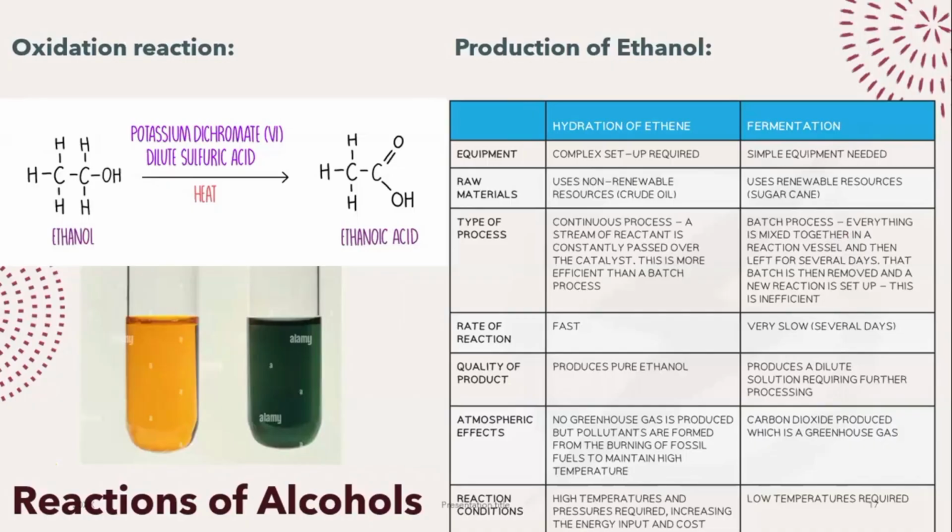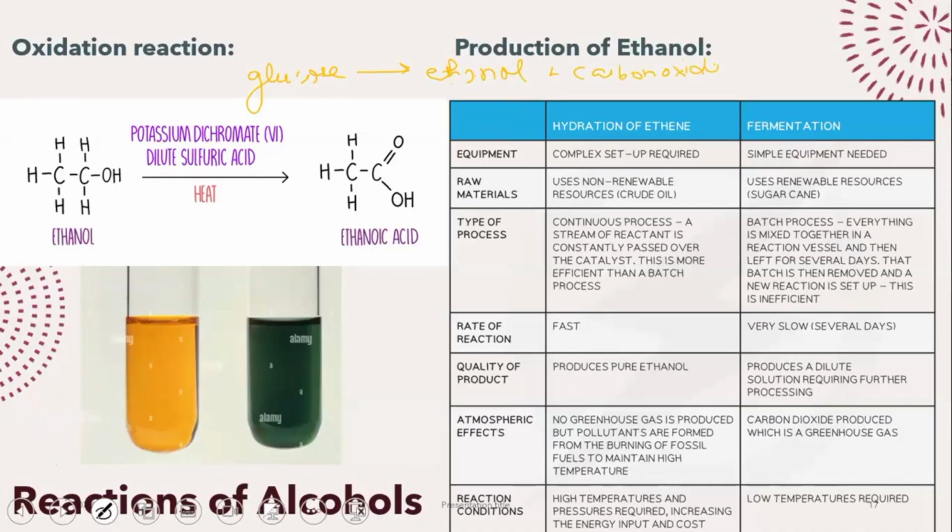Crude oil is non-renewable. Fermentation, on the other hand, uses glucose. That glucose you can get from sugarcane. Fermentation, by the way, is the breakdown of glucose to give you ethanol and carbon dioxide.